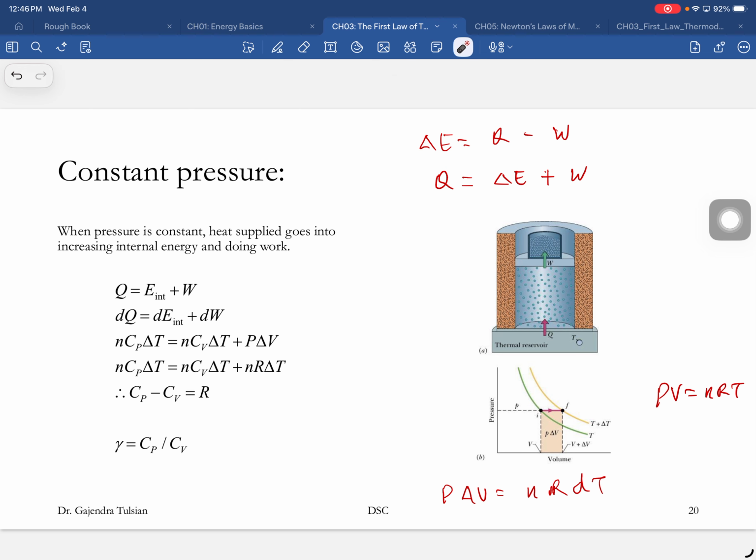Okay, so P delta V is nR delta T. Okay, and you can see that n and delta T are common. Okay, so we'll bring this on the other side. So n times (Cp minus Cv) delta T equals nR delta T.